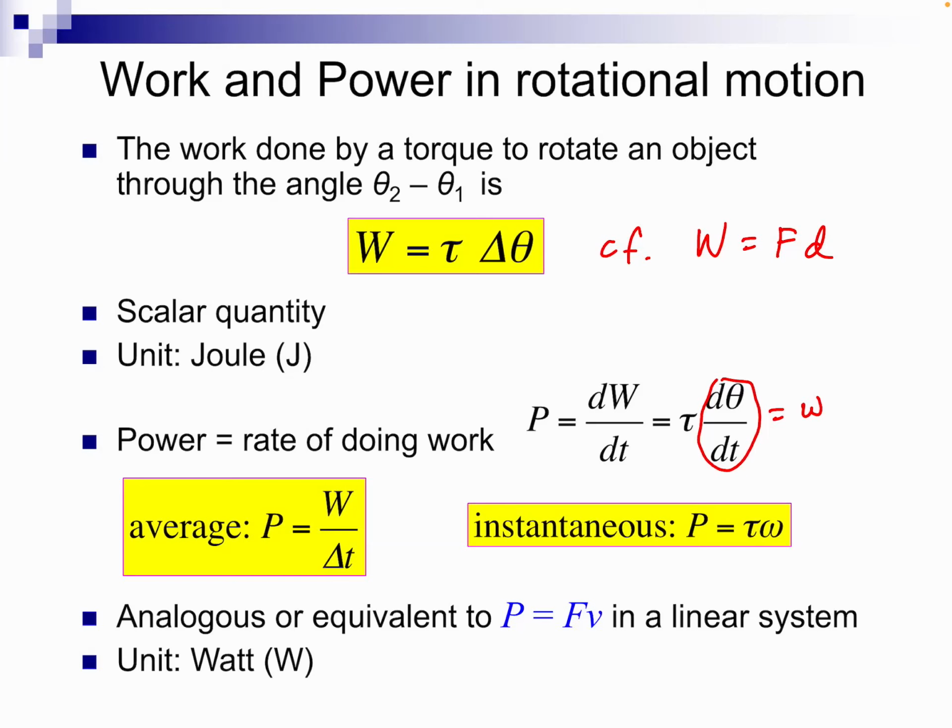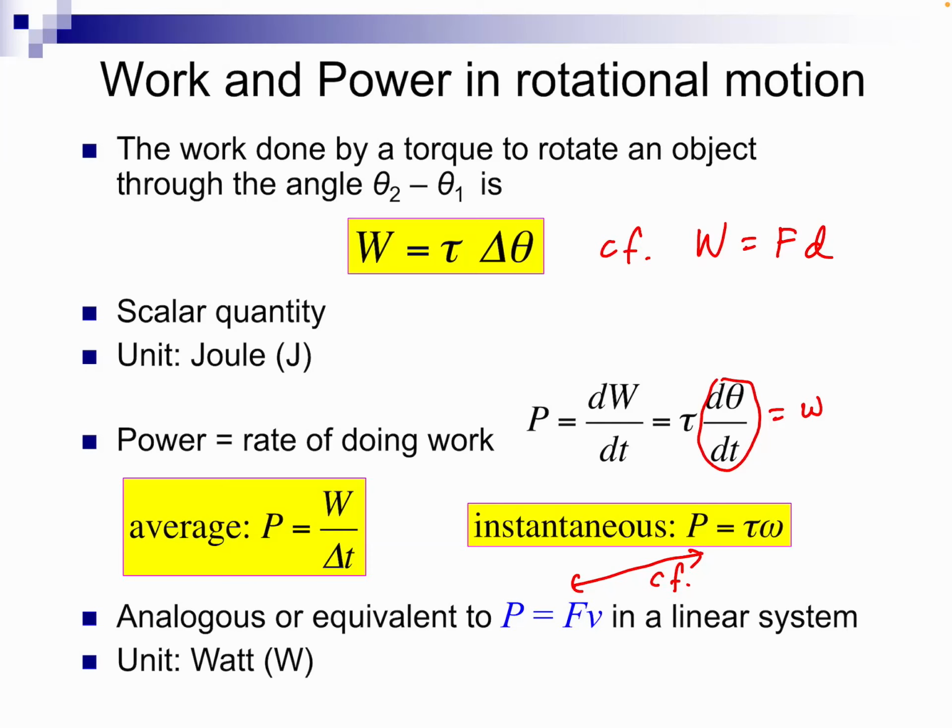If we compare that to the linear equation for power that we learned before, power is equal to force times velocity, right? So force, the equivalent of that is torque, velocity is equivalent to angular velocity. Right?